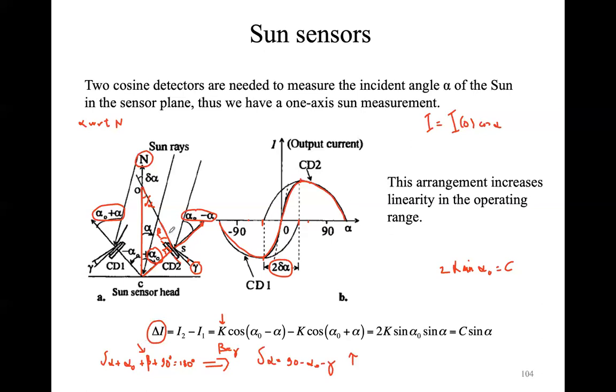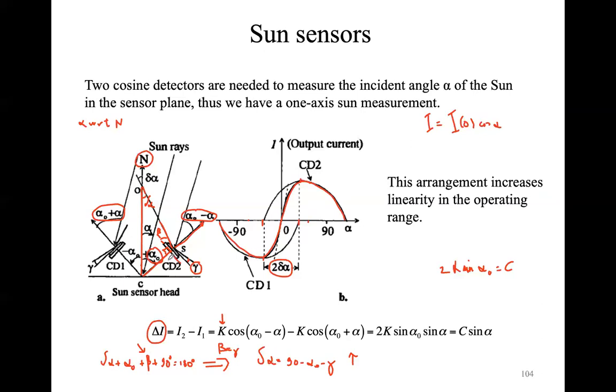But the angle that I chose here, beta, is a generic angle. We know that at angles lower than gamma, you are not able to get any signal from the sensor. So if you substitute beta equal to gamma, you get that your delta alpha is a function of alpha 0, the inclination of the sensor with respect to the sun sensor head, and also the angle gamma, that is your dead zone. The larger your dead zone, the lower your delta alpha.